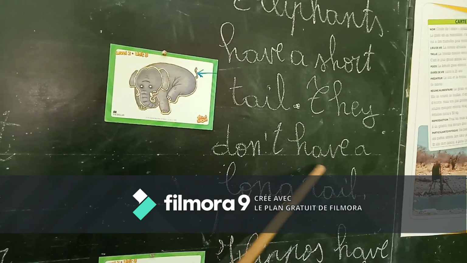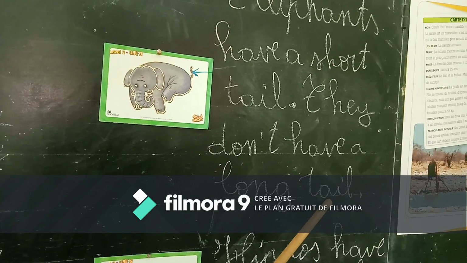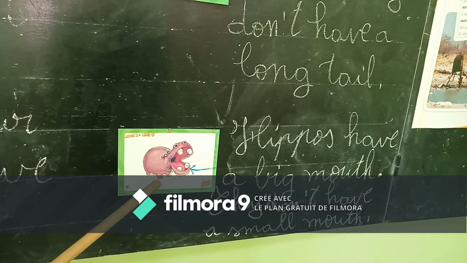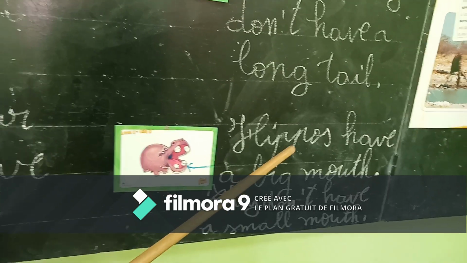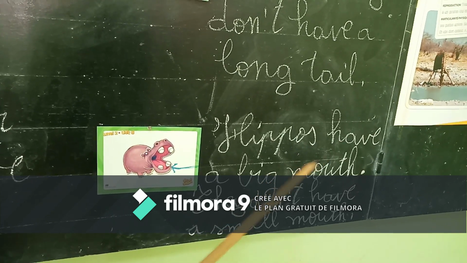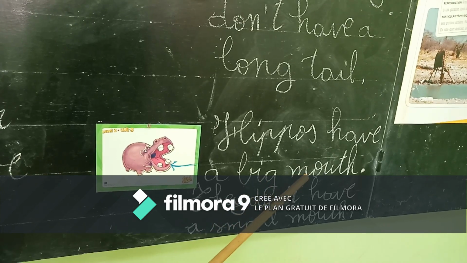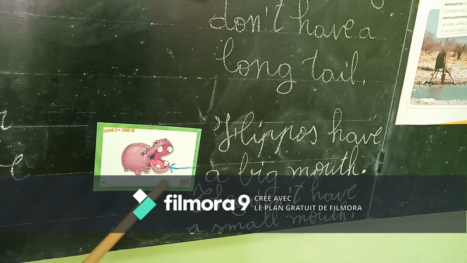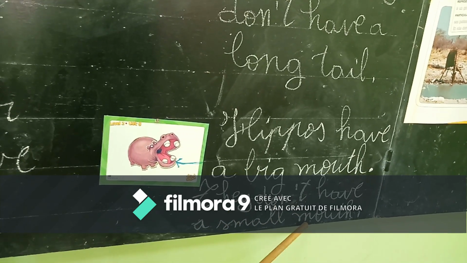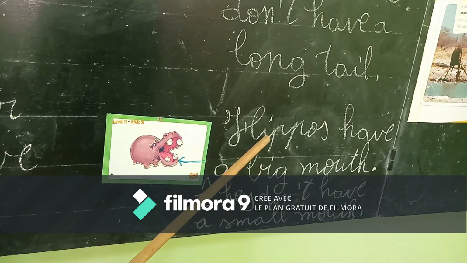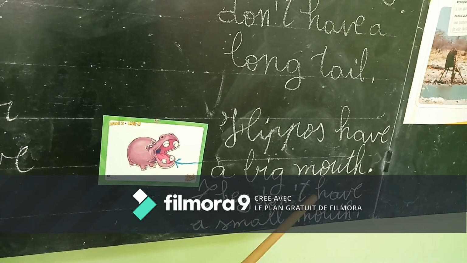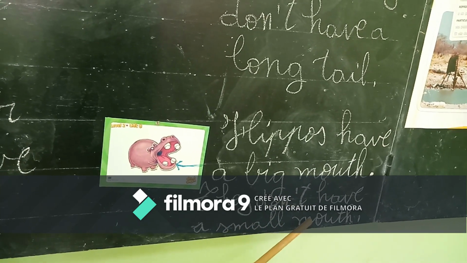They don't have a long tail. The last example, you have hippo. If we have just one, it's hippo, but here we use the plural. We say hippos with s. Hippos have a big mouth. They don't have a small mouth. Let's repeat. Hippos have a big mouth. They don't have a small mouth.